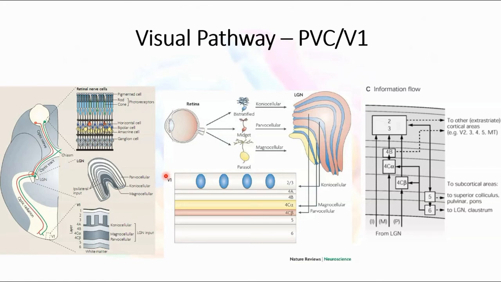The primary visual cortex is structured into 6 functionally distinct layers, which are layer 1 to layer 6. Most of the input signals from the LGN are relayed to the primary visual cortex in layer 4.